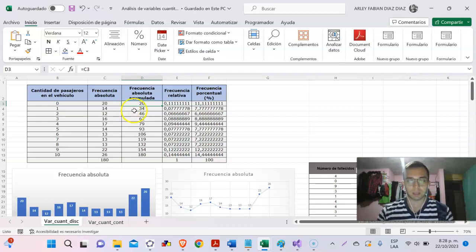The second data point is the sum of the last one with the next one, which is 20 plus 14, resulting in 34, and so on.